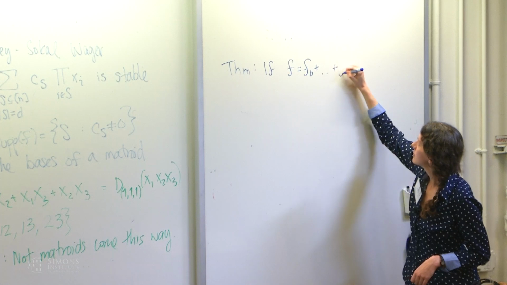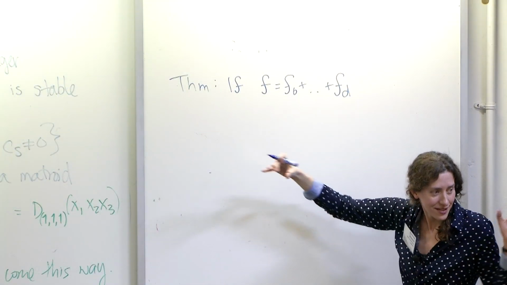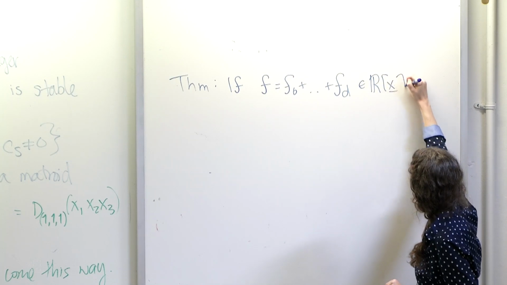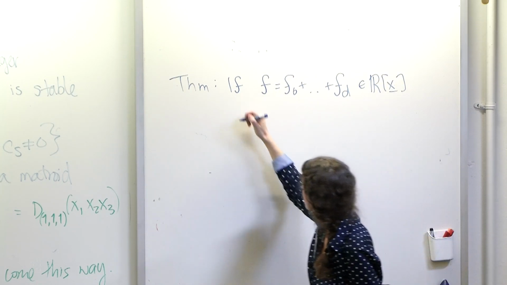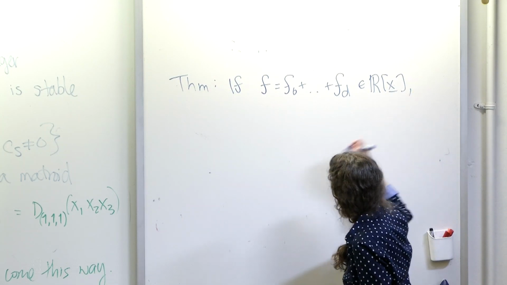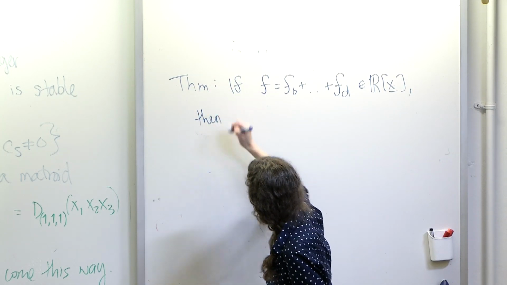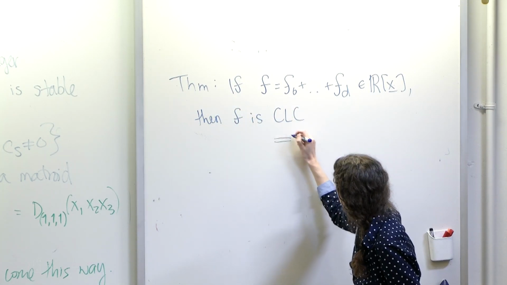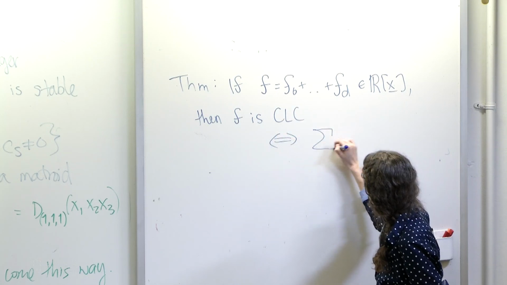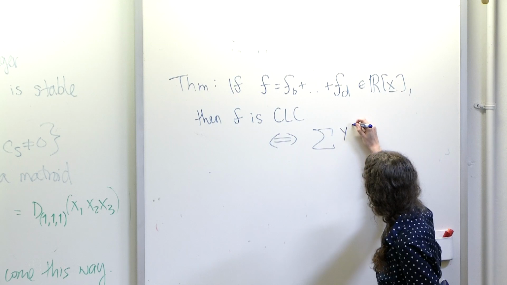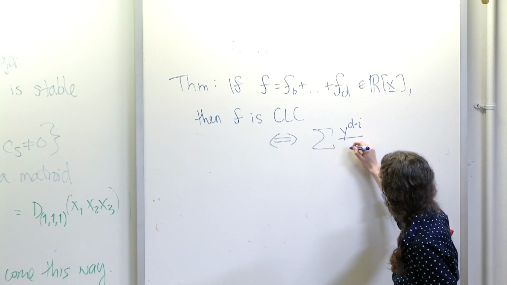If you have some polynomial and you write it as a sum of its homogeneous parts, then f is completely log-concave if and only if a weighted homogenization is.